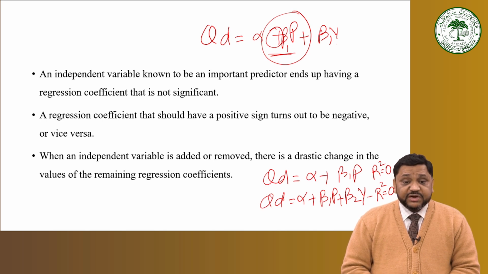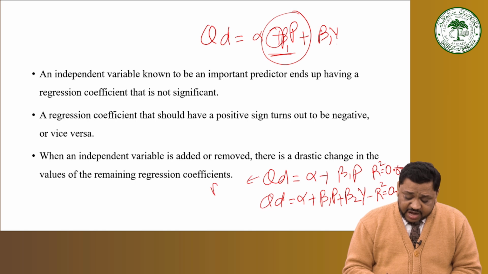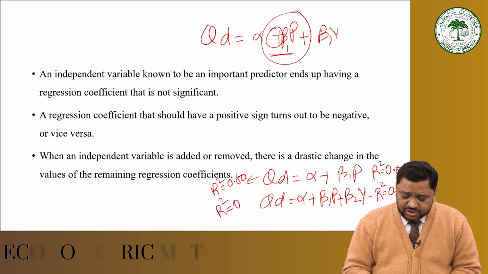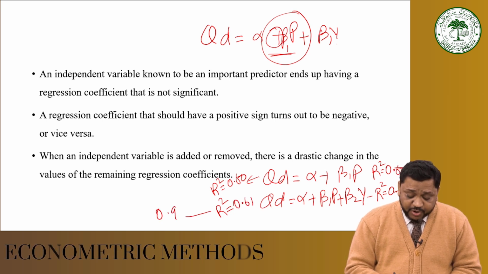But suppose in the first case R square was 0.60, and in the second case R square becomes only 0.61, or R square becomes 0.99.